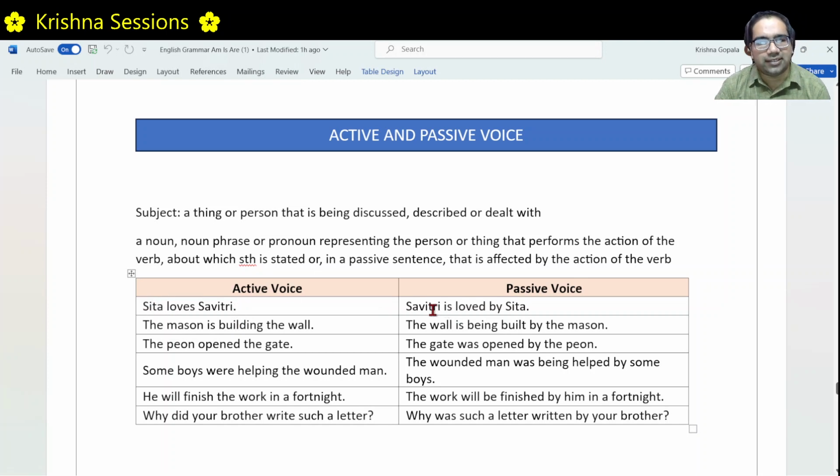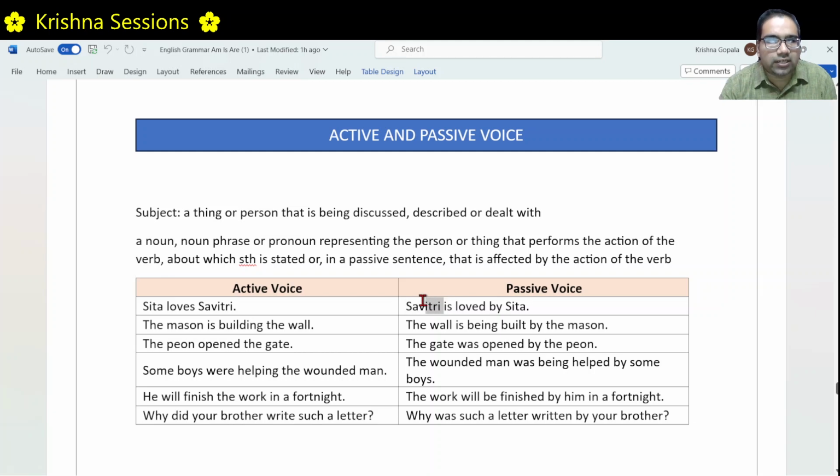Now look at this sentence, the same sentence written in another form. Savitri is loved by Sita. Here the discussion is about Savitri. It is not about Sita. Savitri is loved by Geeta, or Savitri is loved by everyone, whatever. Here the subject is Savitri.